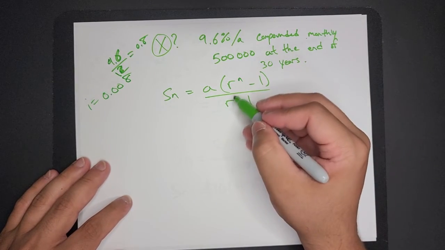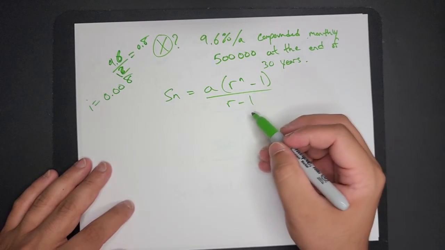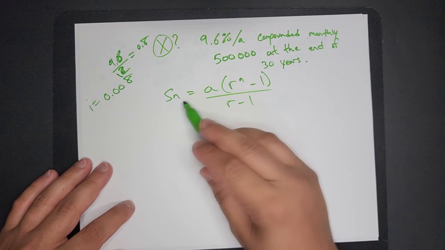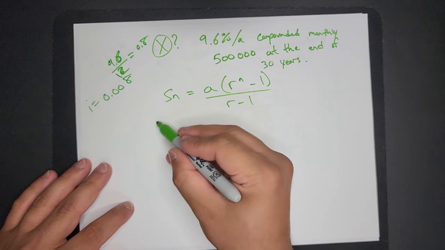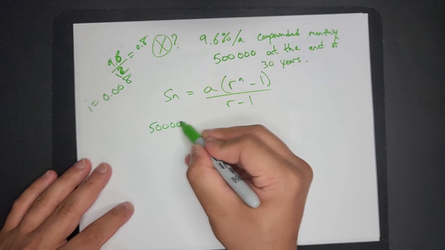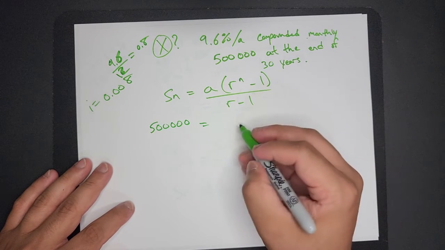So that's my R value, 1.008. I have my sum value as 500K.